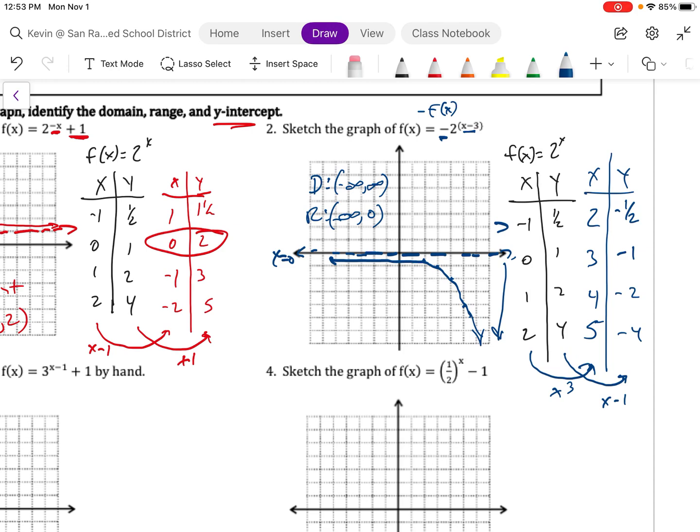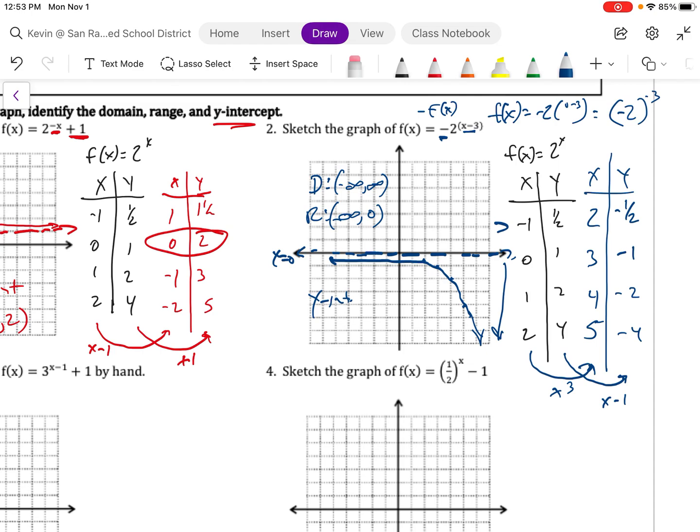I'd ask about my y-intercept. Well, let's see, I didn't plug in 0, I did this to 2 because everything shifted over, so I guess I need to figure out what f of 0 is. f of x equals -2 to the 0 minus 3, so this is going to be -2 to the -3 power.